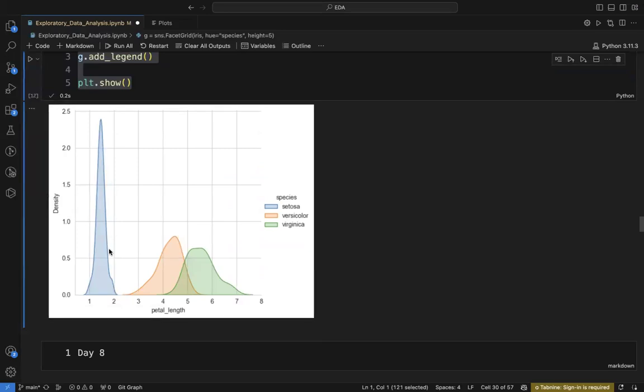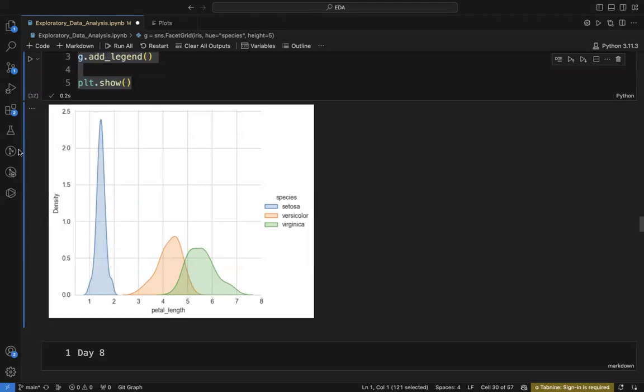You will not find a setosa flower beyond a value of 2. There is no setosa flower beyond a value of 2. And because my whole distribution is here, this is my setosa, this is my versicolor, and this is my virginica. So my setosa is well separated from my virginica and versicolor. That's the first thing that you will notice.